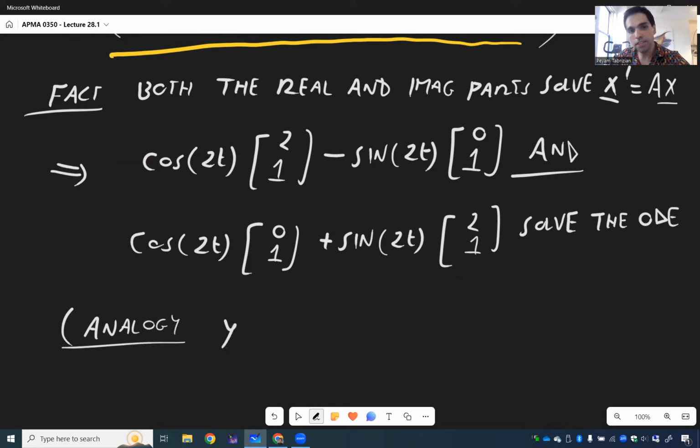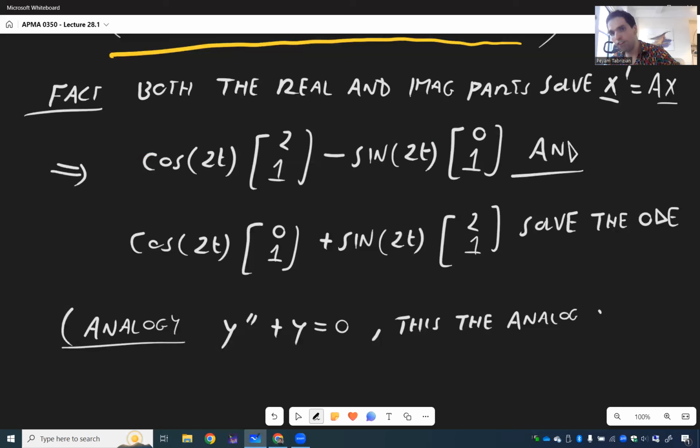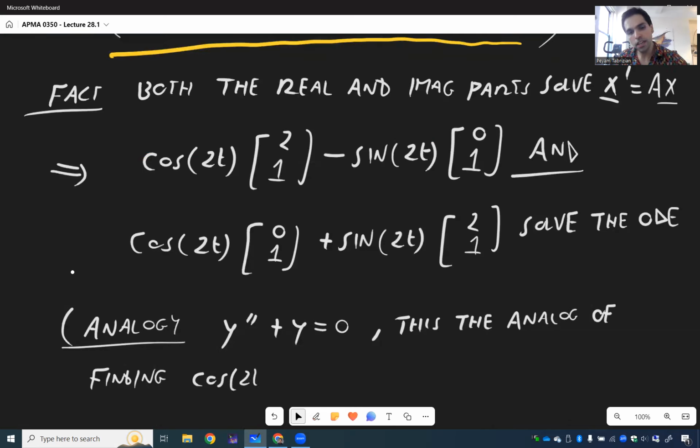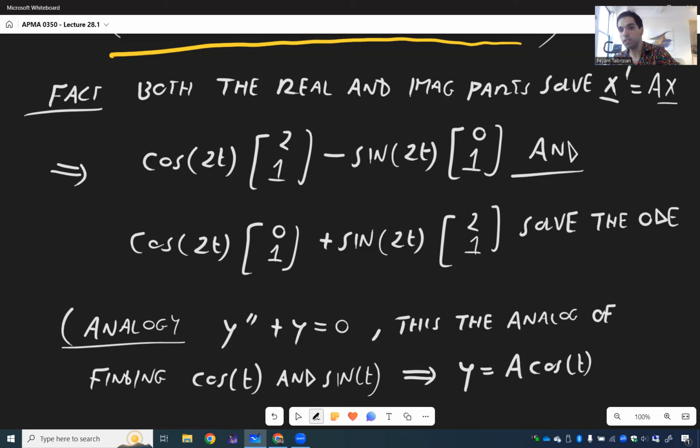And this is really by analogy. Because let's say we had y double prime plus y equals 0. This is the analog of finding simply cosine of t and sine of t, from which we built a cosine t plus b sine t.